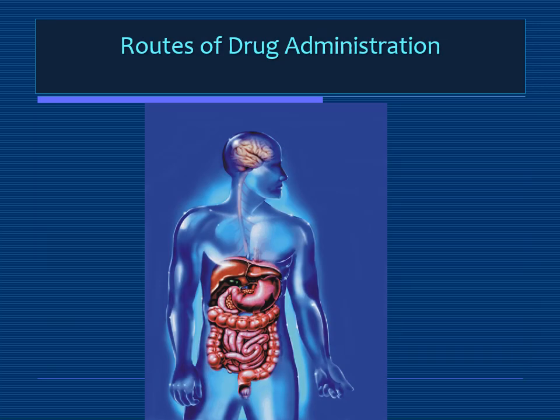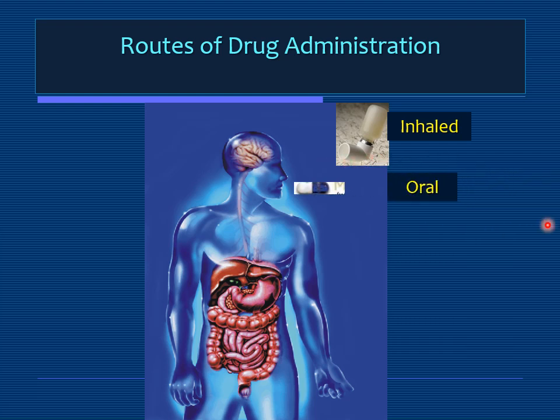I told you routes of administration. It is a common observation, you know. It can be given through inhalation. This is the inhaler, might be present in different homes. Patients suffering from bronchial asthma, etc., or other conditions, they are using these inhalers. Or oral: capsule form, tablet form, or in children powder form, given through mouth.